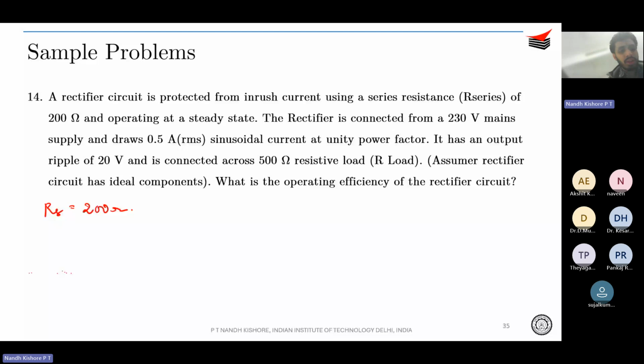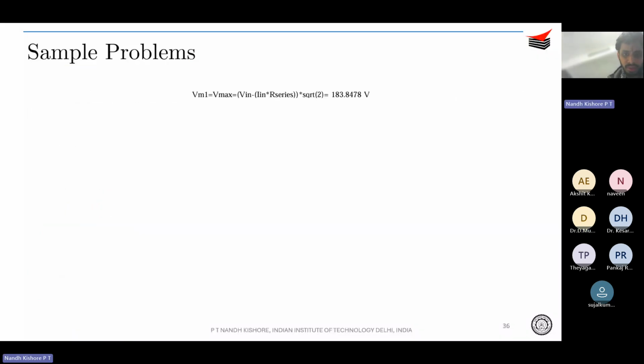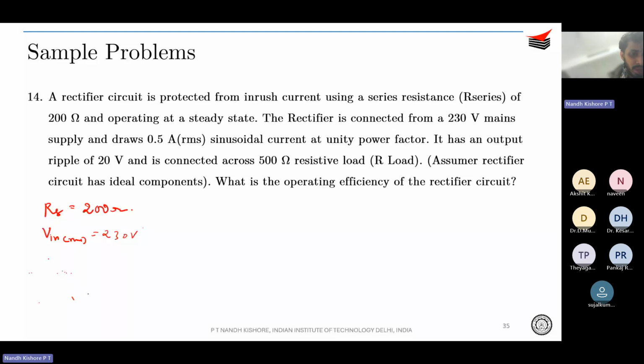So your V in RMS is 230 volt, and your I in RMS is 0.5 amperes at unity power factor.